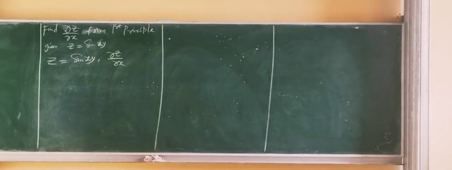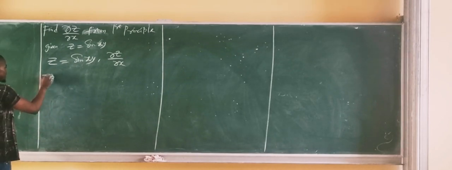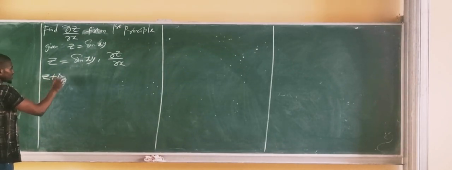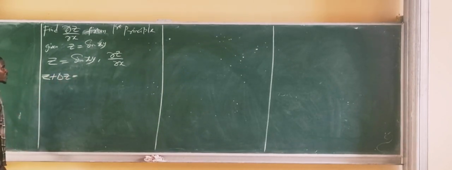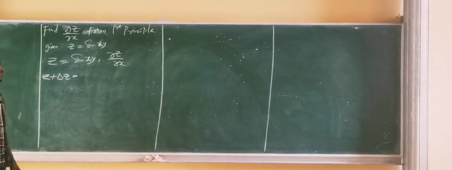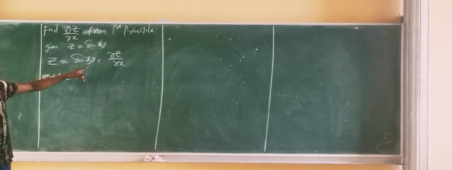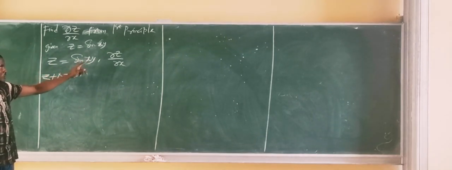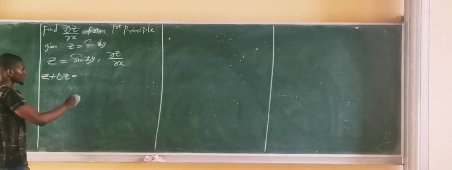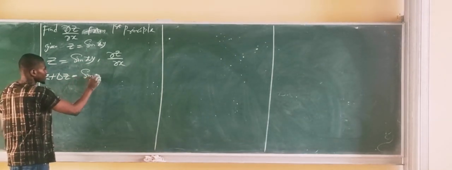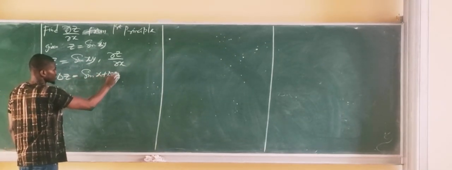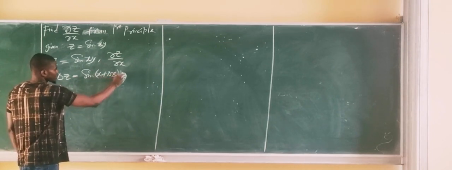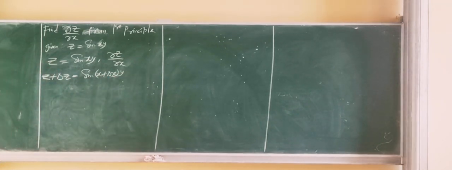So if z increases by change in z, that means x will also increase by change in x, because we are differentiating z with respect to x, and therefore y is now kept as constant. So we have sine (x plus change in x) y, with y kept constant.